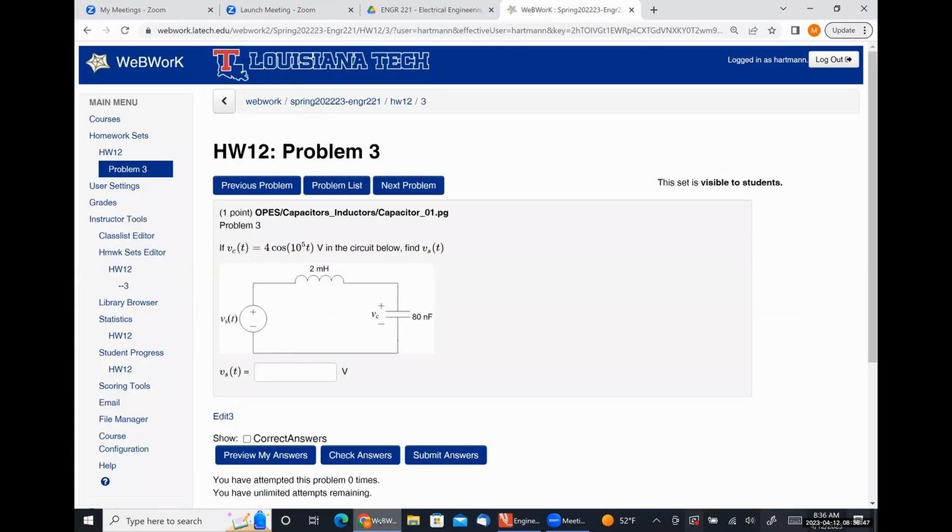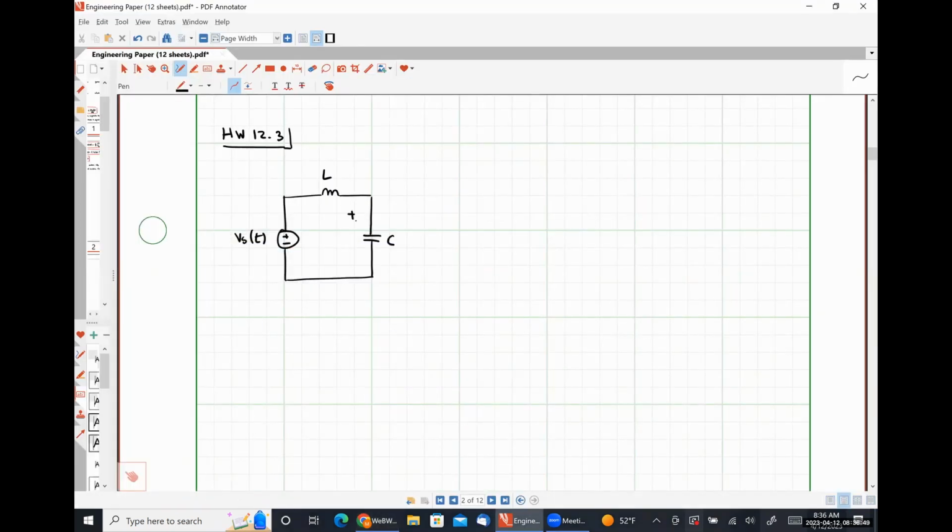Does it define the polarity? Good, just wanted to make sure. The quantity Vc of t is known. The quantity Vs of t is what we're trying to find.